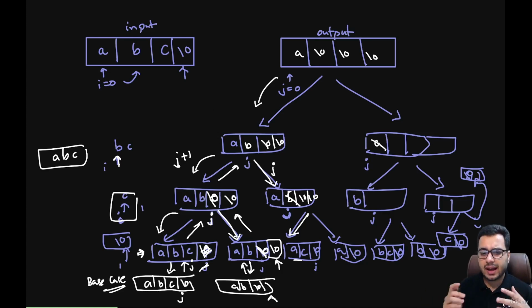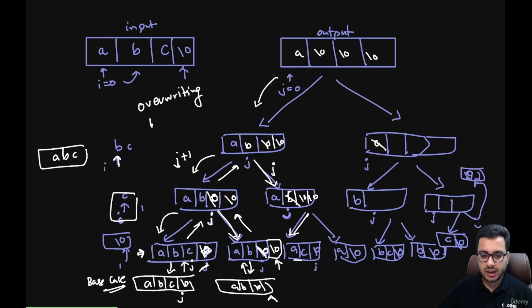And this will not need a backtracking step, but what we are actually doing is overwriting the previous output with a new output, okay. What you could have also done is overwrite the previous output with a null and then write a new output, but overwriting a previous output with a new output is also fine.